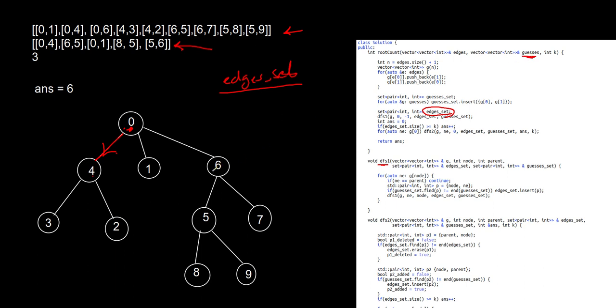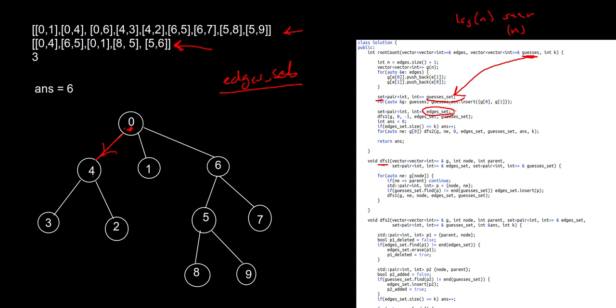Now, to check if this edge 0, 4 exists in this vector, to make it faster, we change the vector into a set in order to get log n search instead of n. So the guesses set contains the same values as the guesses array, but in a set.